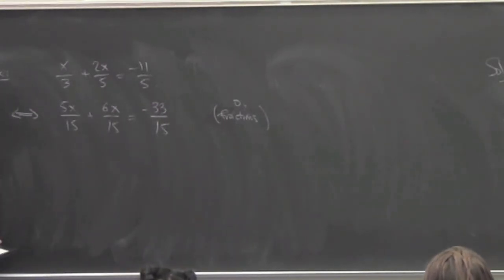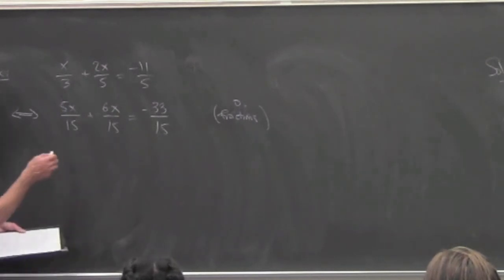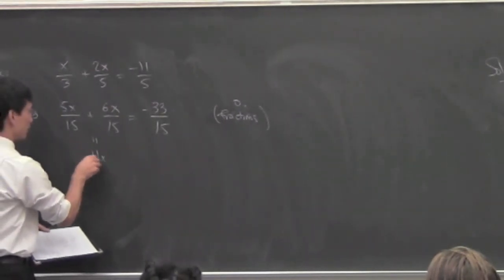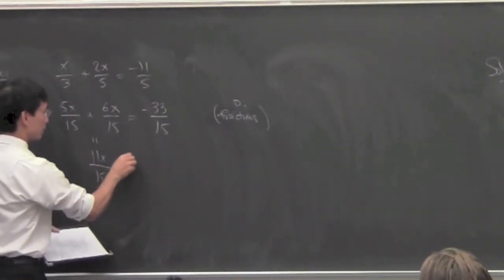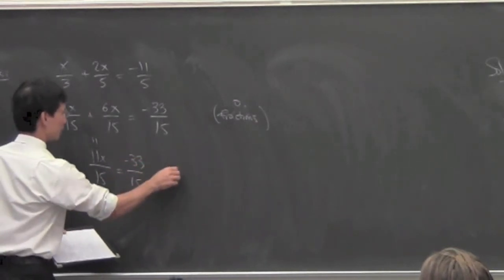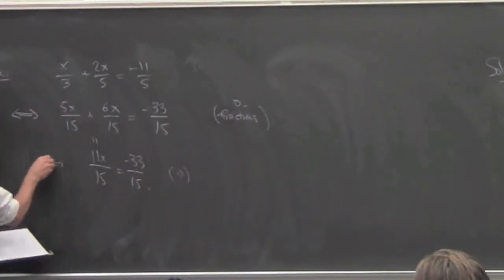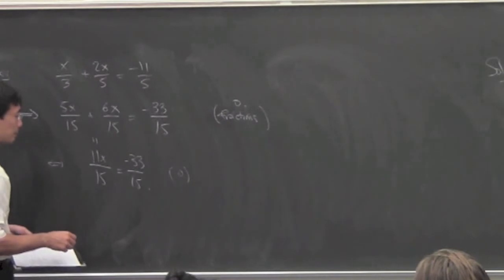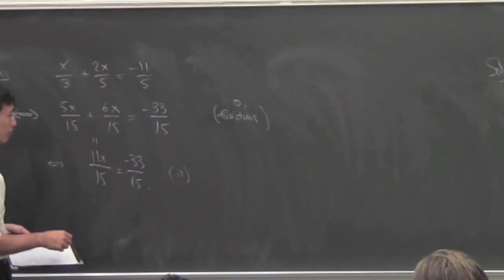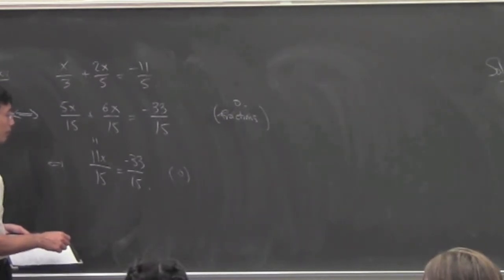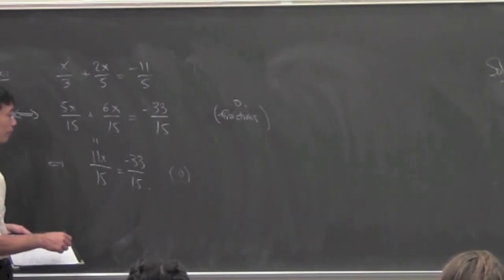And then, go ahead. What I used to do is I usually make it one fraction, so it would be like 11x by 15 equals negative 33 divided by 15. Sure. And then you could cross multiply, so you get 11x times 15 equals 15 times negative 33.